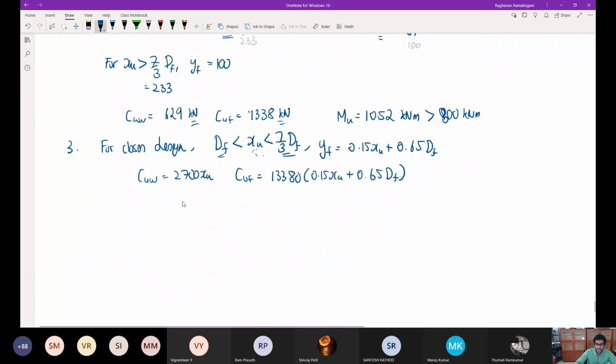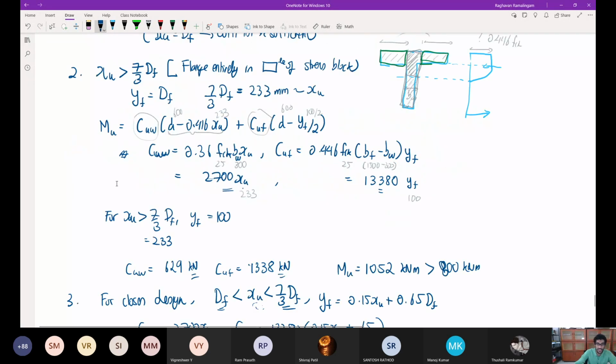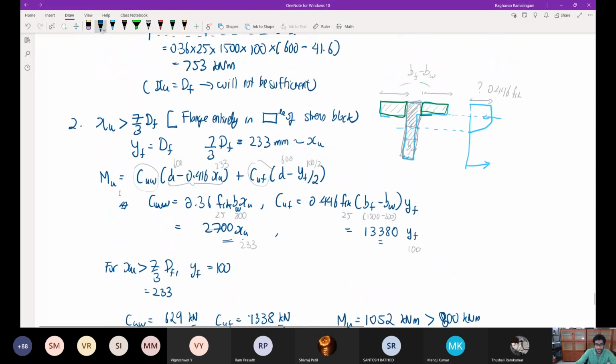So I have everything in terms of XU. 0.65 DF is something which is known to you, so 0.65 times 100, I can just rewrite this as 65. And the moment equation is this big equation which was shown over here. In these two cases you adopted XU and found out MU.